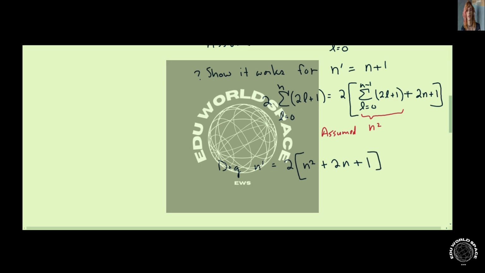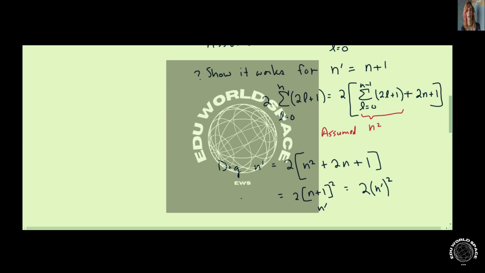Now let's take a look. That can actually be turned into a binomial, n plus 1 squared. And the stuff in the parentheses is just n prime squared.